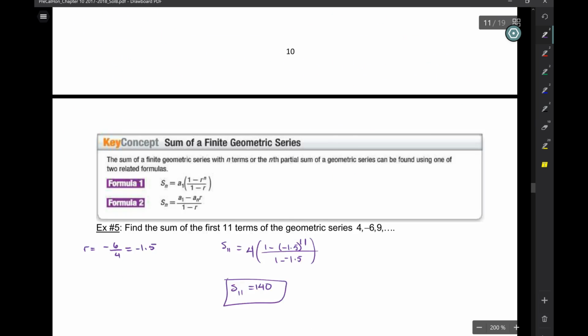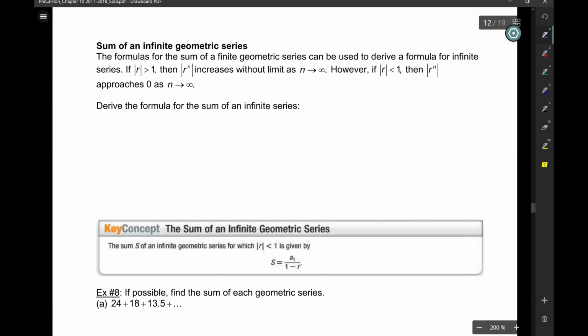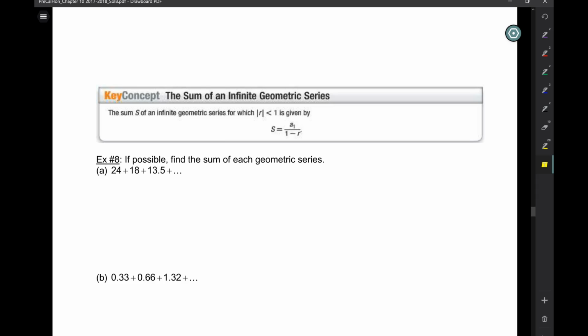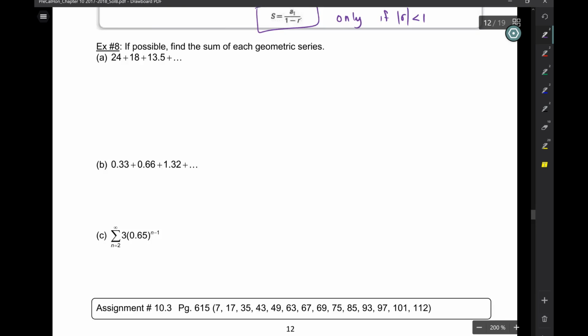So you can only find the sum of an infinite geometric series if r is between 0 and 1. So this is the formula for an infinite series. It's much simpler actually because you don't have an n and all that good stuff. And you only use it if r is less than 1. It works for 1, doesn't work for 2.